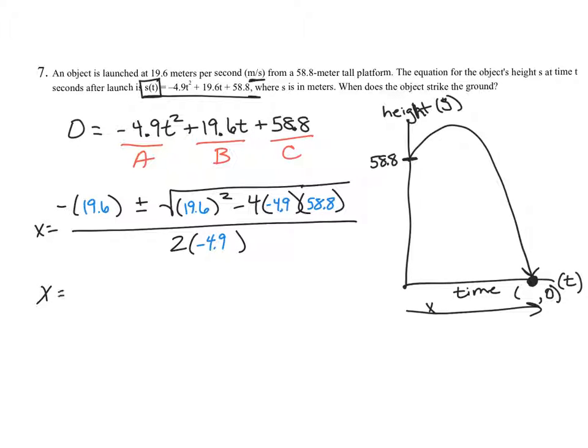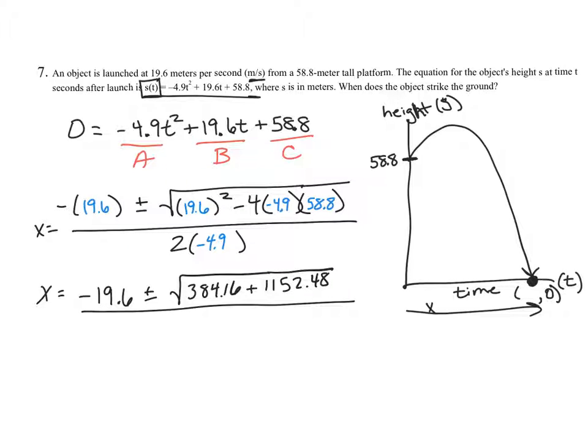So we have x equals negative 19.6 plus or minus the square root of 19.6 squared, which is 384.16. Then we have negative 4 times 4.9 times 58.8, and we get a positive 1152.48.